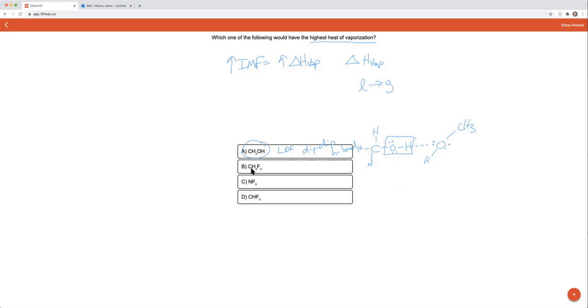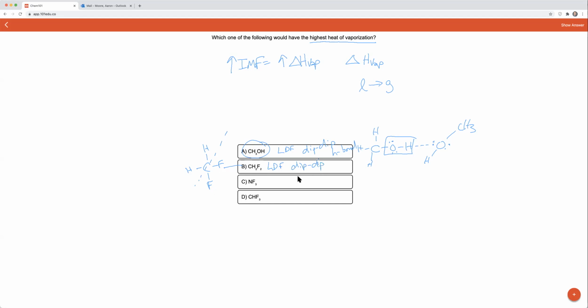Okay, so this is a polar molecule right here because if you were to draw the Lewis structure, you would see that it's different on one side than the other. So it's got some asymmetry, and anytime you have asymmetry in the Lewis structure, if you were to cut it along that axis, you would see it looks different on this side than it does on this side. So it is polar, so it has both London dispersion forces and dipole-dipole.